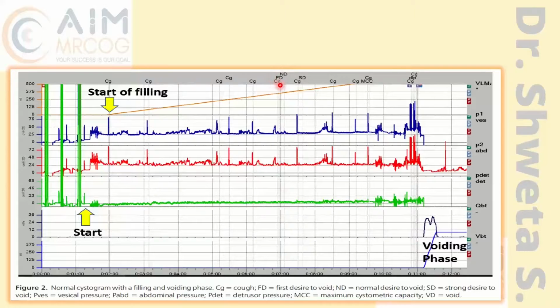Then first desire, FD. ND, normal desire. SD, strong desire. Cough, cough, so constantly you are telling her to cough to see that the catheters are working and measuring. First desire, very important.